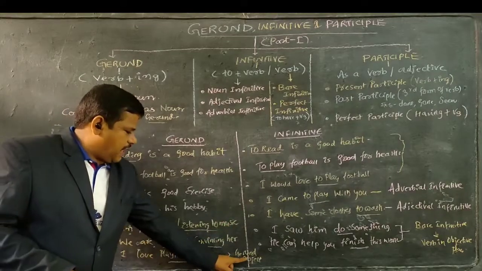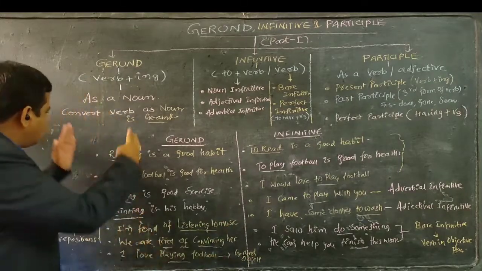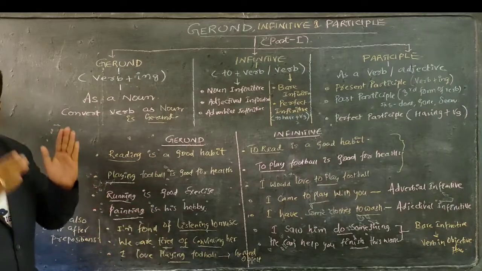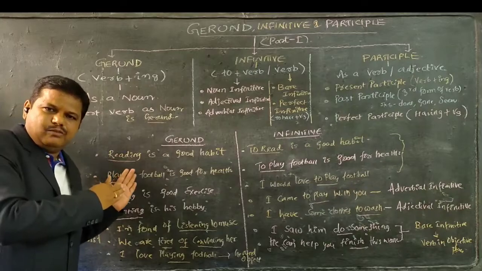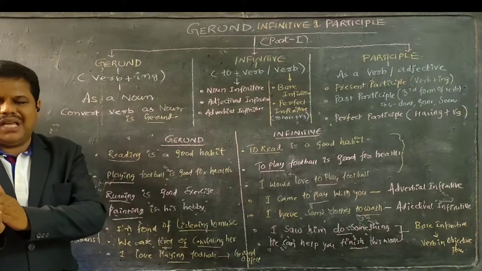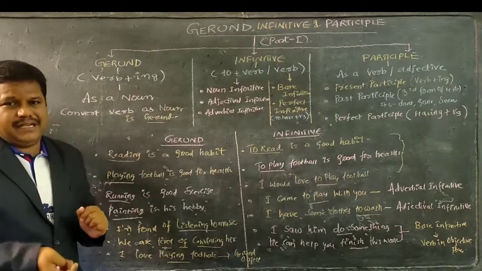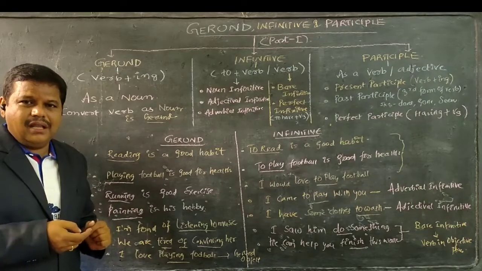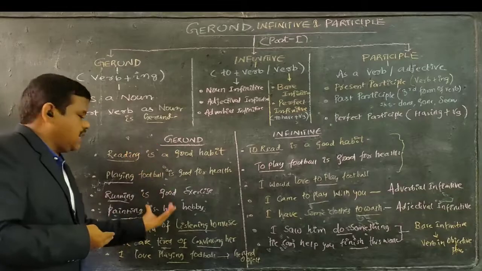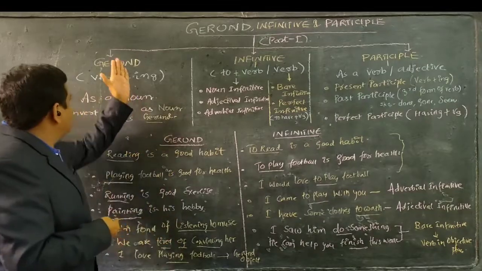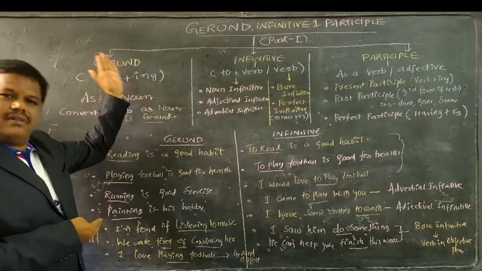These are a few examples of how you can write the verb plus ing form either in the subject place or in the object place. They are called gerunds. This is very important for high school students, so I have written a number of examples to make the concept of gerund clear.